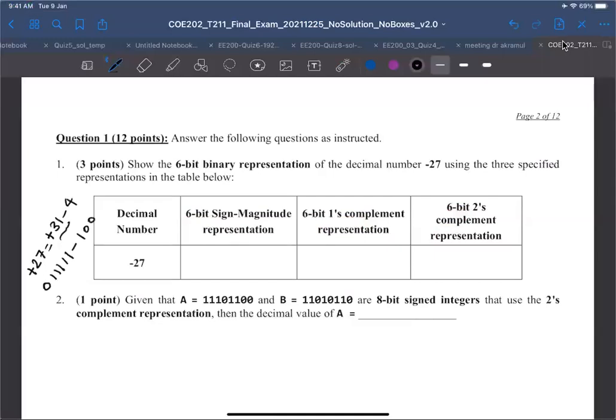Removing this one, the answer is 0 1 1 0 1 1.